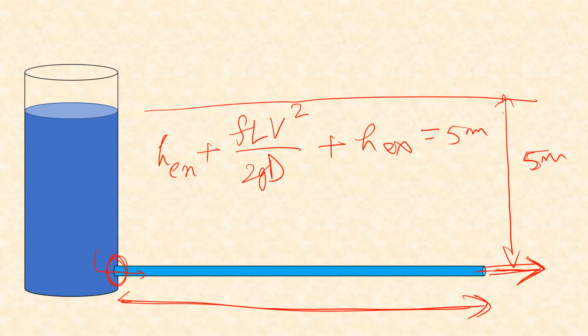Head loss at entry is K, which is the coefficient of loss at the entry point, into V square by 2g, and head loss at exit is simply V square by 2g. No coefficient is needed, it is 1. So this is how we are going to solve this kind of problem. I'm not going to solve the values. You can put in any numerical value and find out the numerical answer.